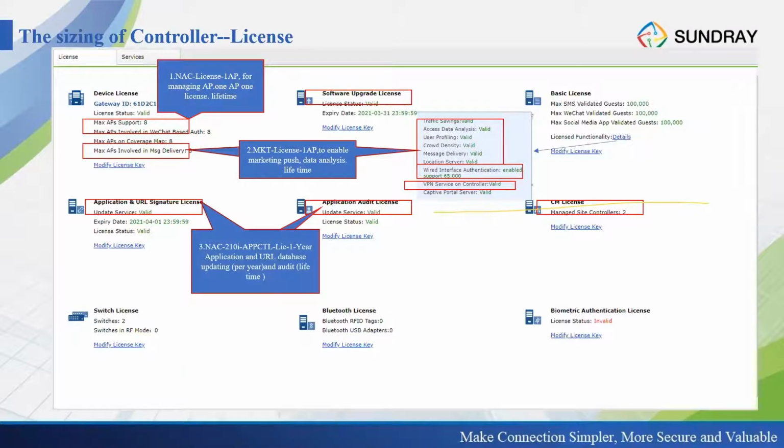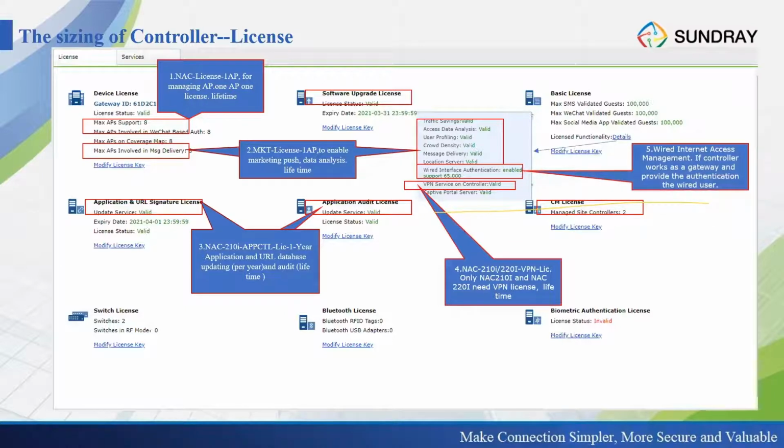And audit, this one is a 1 year license, for updating our application and the URL database. And this one is the VPN license. This one is only needed for the 220i and 210i.